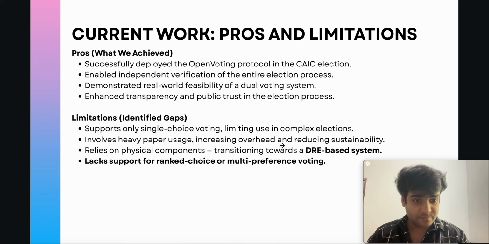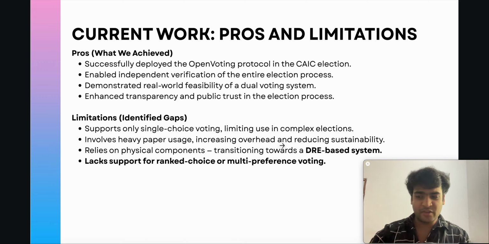It is an electronic machine which shows the available candidates to a voter, in which the voter goes and selects his or her preferable candidate, and the DRE records that vote to that candidate. So we will be developing a DRE based system according to our open voting protocol.